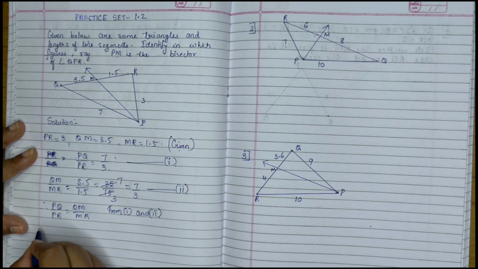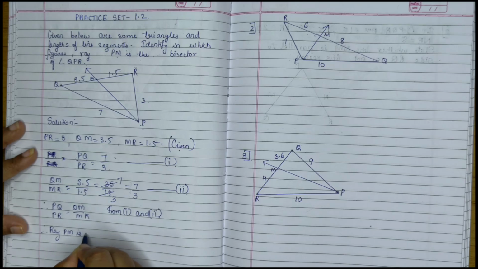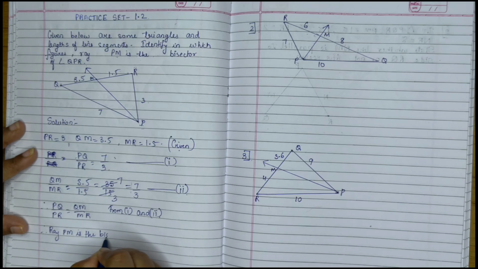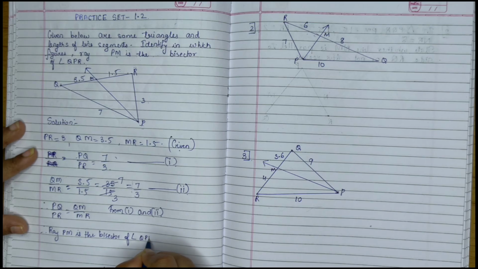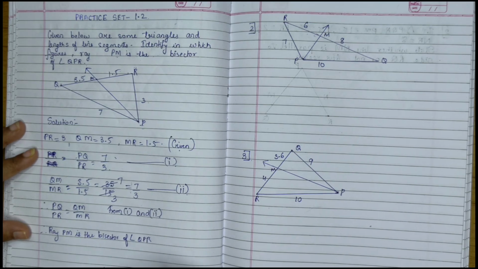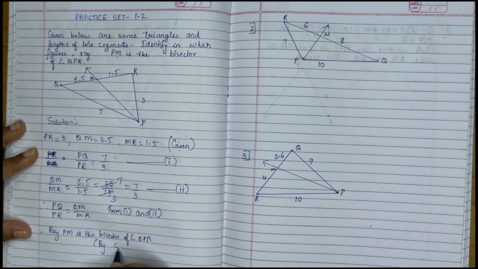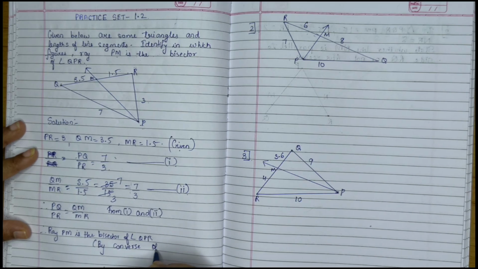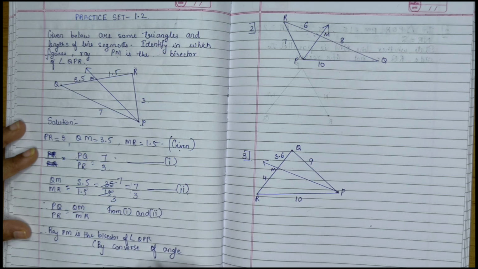Therefore ray PM is the bisector of angle QPR. And you can give the reason here: by converse of angle bisector theorem.